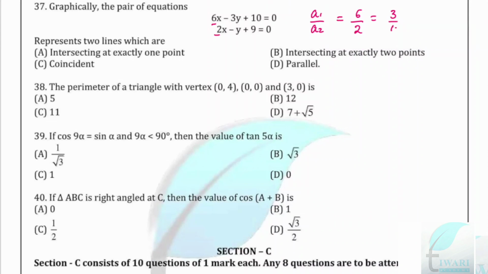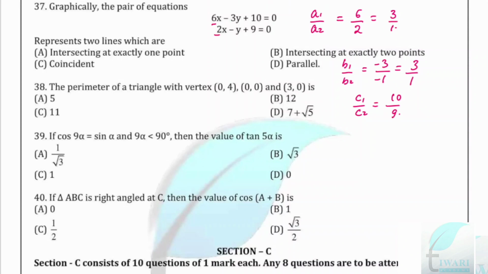Similarly, b1 by b2: b1 is minus 3 and b2 is minus 1, that is equals to 3 by 1. Again, c1 by c2 is 10 by 9.